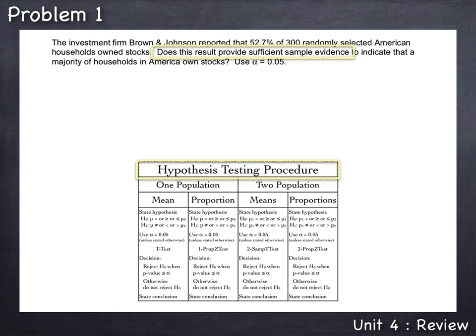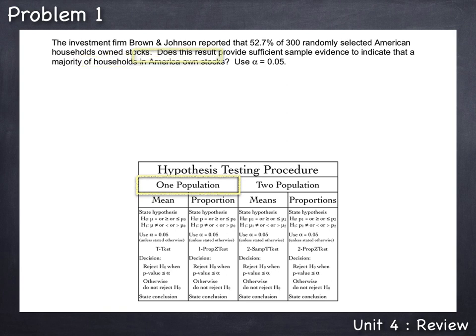Now, the question, does this result provide sufficient sample evidence to indicate that a majority of households in America own stocks, is basically referring to one single population, households in America. So this will be a hypothesis test procedure conducted on just one population. And whether this test involves a mean or proportion, we need to look at the data.